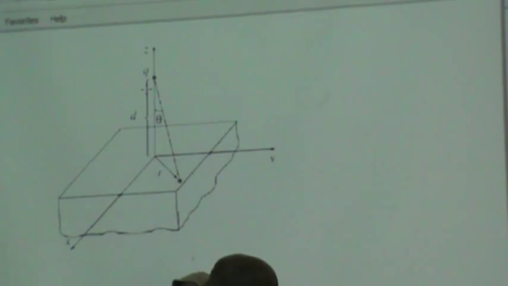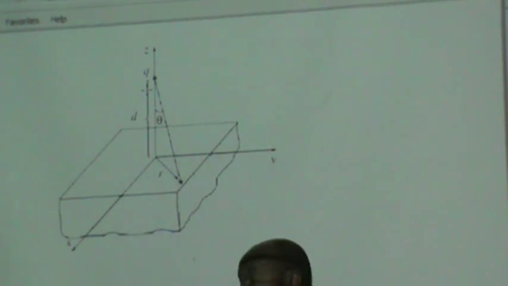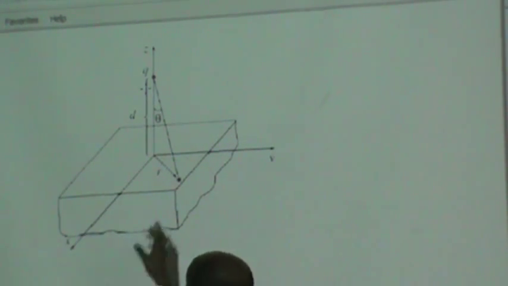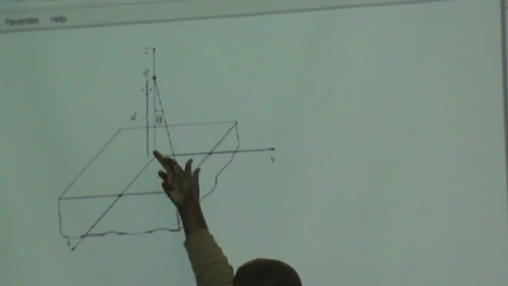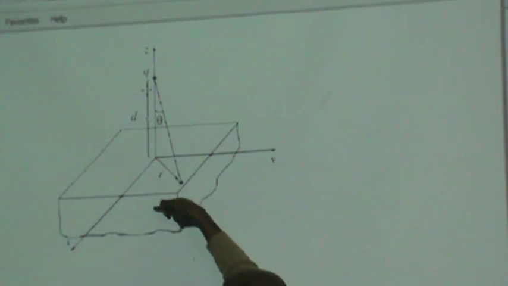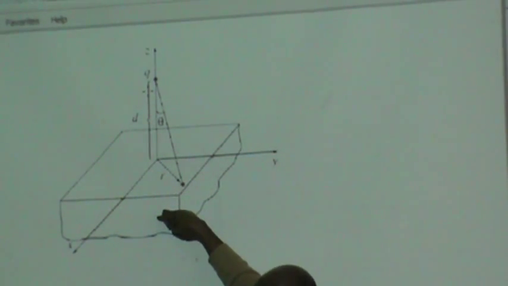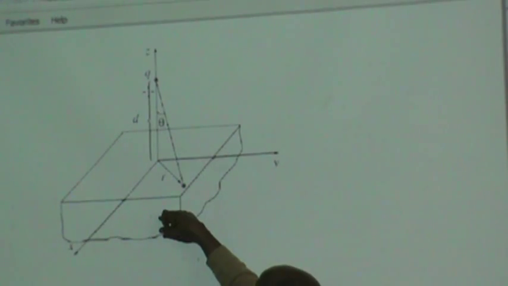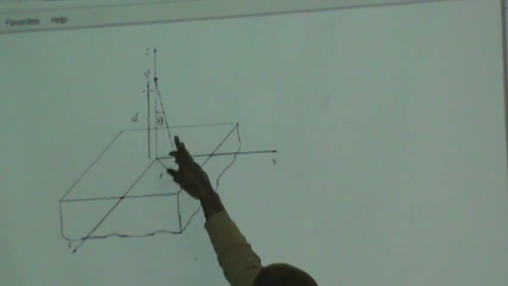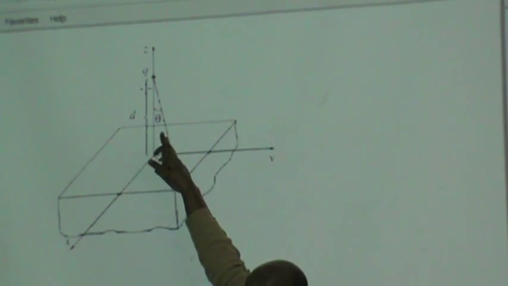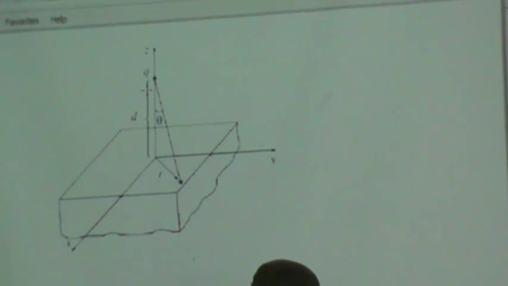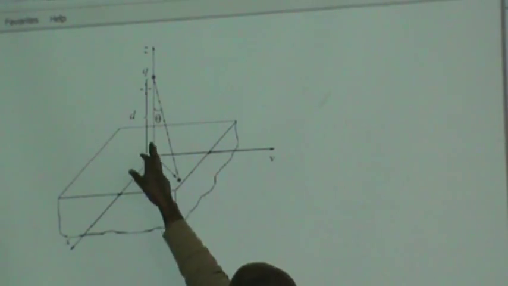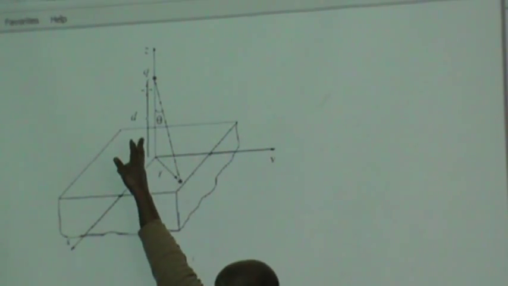So if we can find the total bound surface charge here, which can be assumed to be located a distance d away from that, then it's easy to find the force that this point charge would experience. So it's just simply a force between 2 point charges separated by a distance twice d.